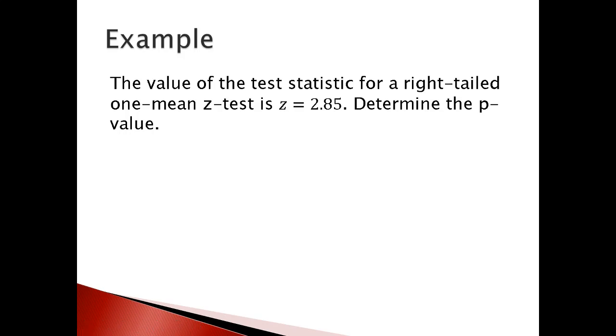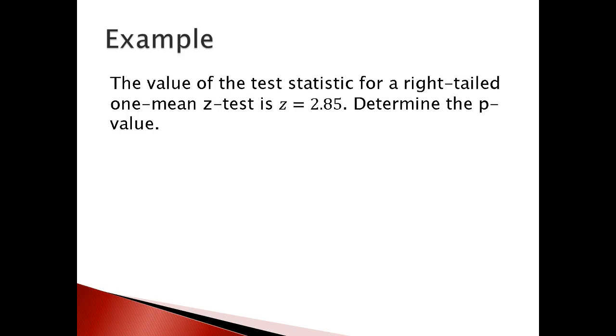So we'll go back to the standard normal table. The only difference here is that previously, in the critical value approach, we used the significance level to find the z-score, but here it's just the opposite. We have a z-score, and we need to find the corresponding p-value.